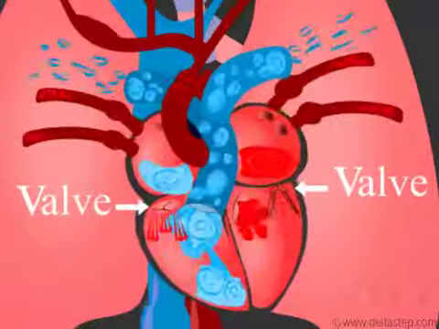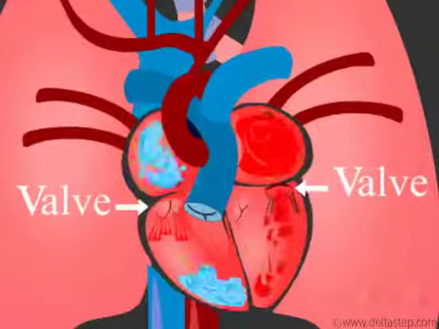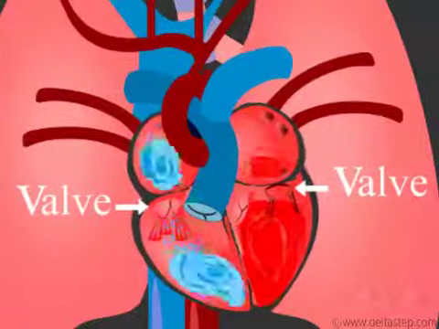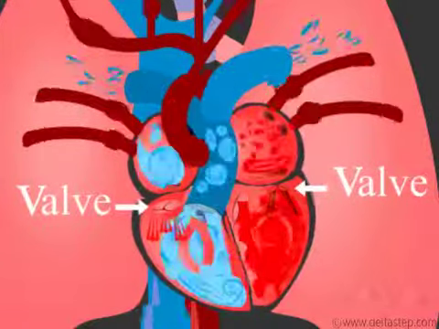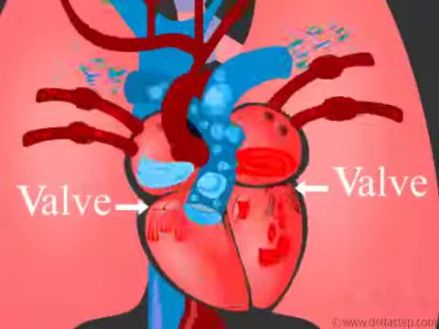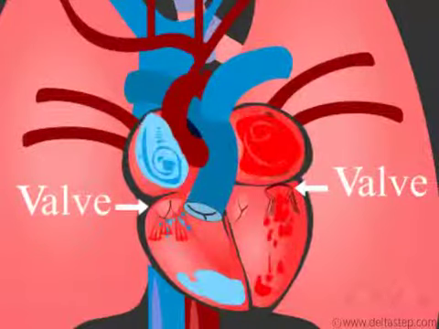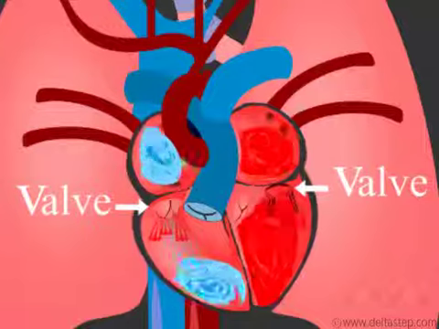During atrial systole, this valve opens to let the blood flow, and during diastole, it shuts. This is because of the flexible nature of the valves.